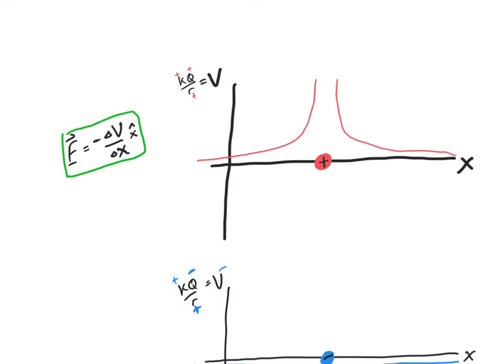So here, at this position, there's a positive slope. Seeing as there's a positive slope, the electric field will therefore be in the negative x direction. So like so.